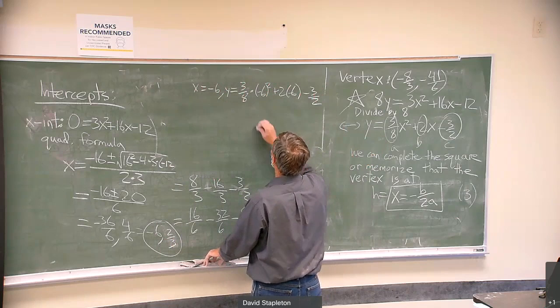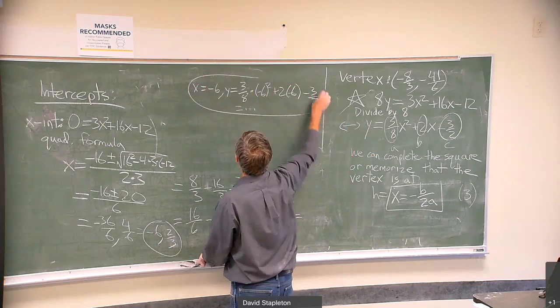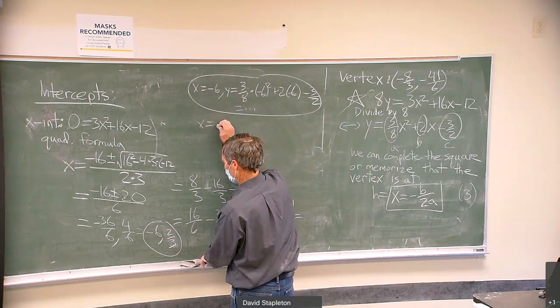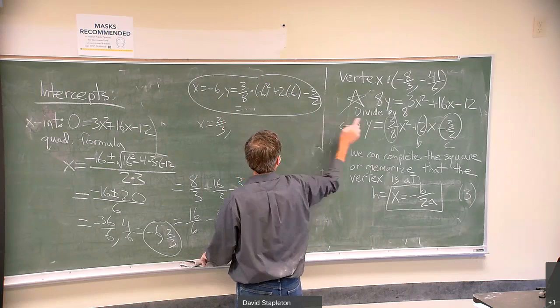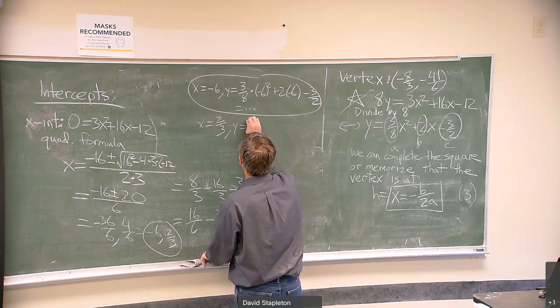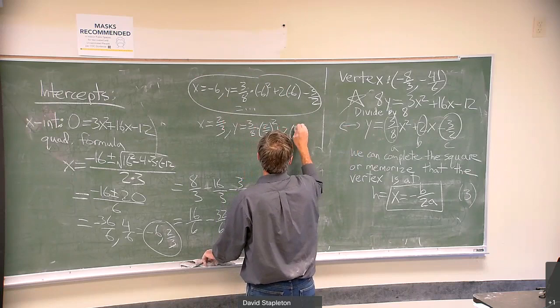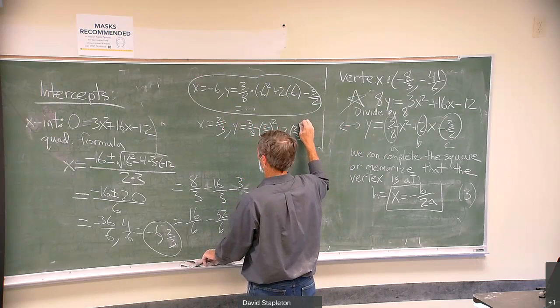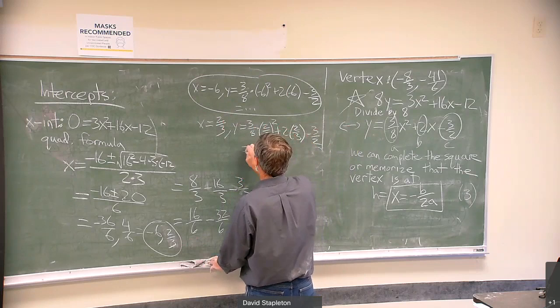Anyway, equals dot, dot, dot. That gives the intercept. And then x equals 2/3, put in here, we get y equals 3/8 times 2/3 squared plus 2 times 2/3 minus 3/2 equals dot, dot, dot.